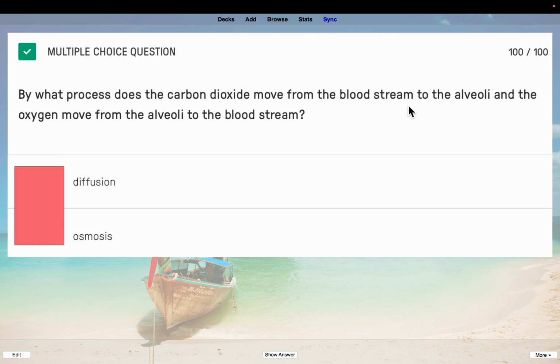Basically, from the party of the alveoli, the blood trades in carbon dioxide in exchange for the oxygen coming from the alveoli. So this is diffusion, I believe. Yeah. Why is it not osmosis? Well, just think that it's diffusion. Diffusion, that's if there's an exchange of oxygen and carbon dioxide in the alveoli region.